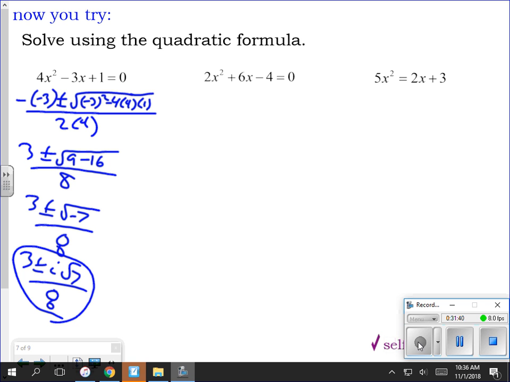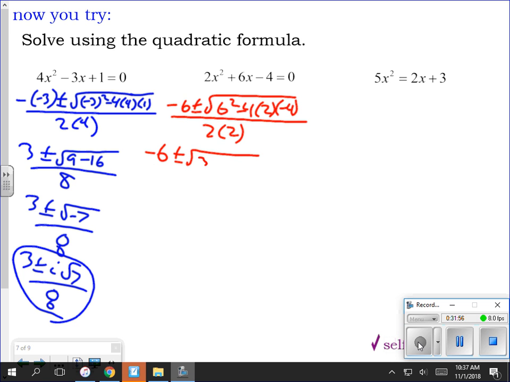Next one, same thing. So I get minus b plus or minus the square root of b squared minus 4 times a times c all over 2 times a. So I get negative 6 plus or minus the square root of 36, 4 times 2 is 8, 8 times 4 is 32, and it's plus 32 because it's two negatives over 4.